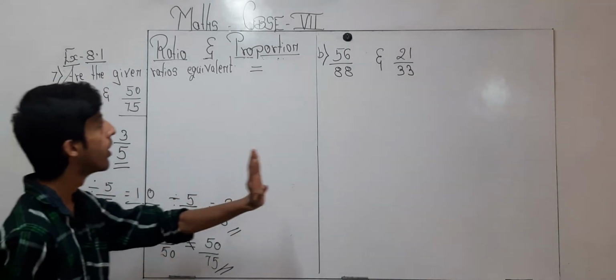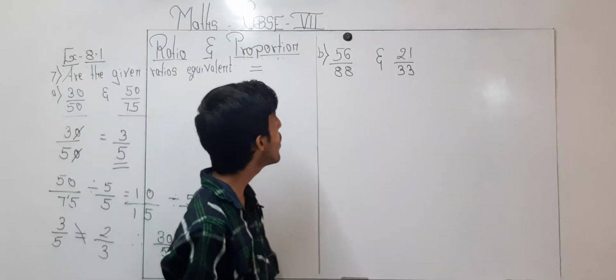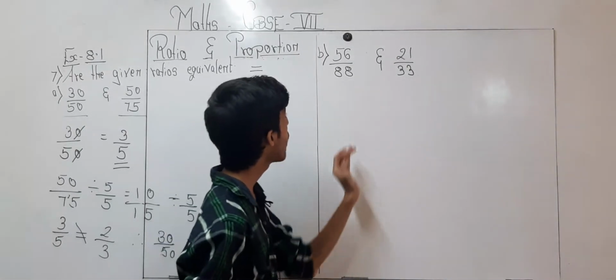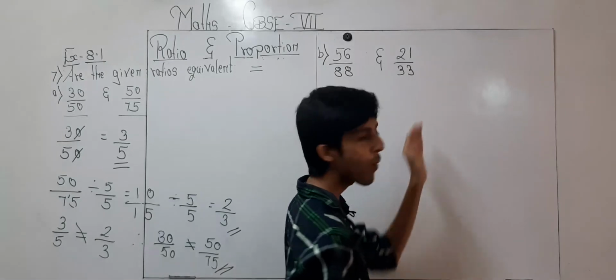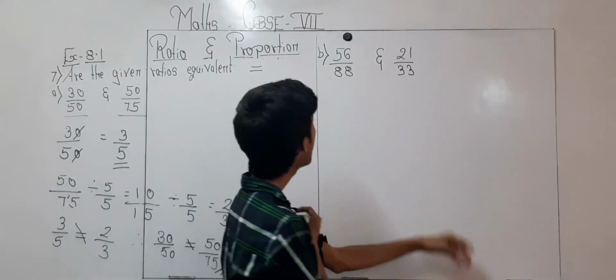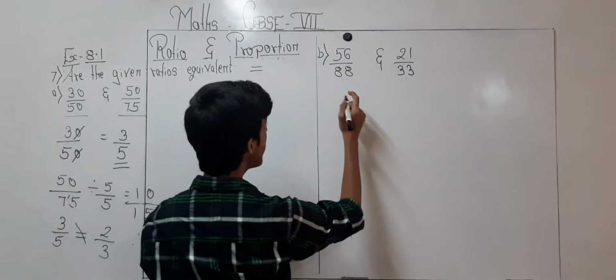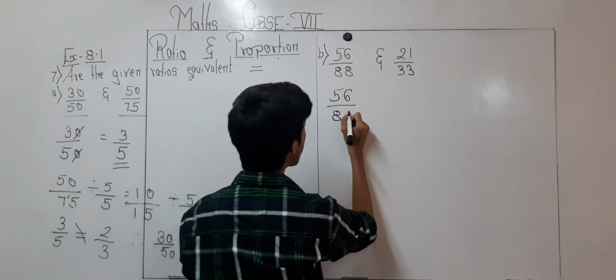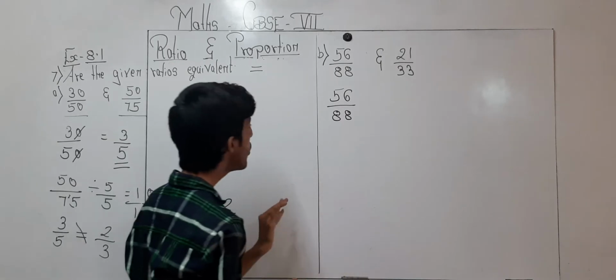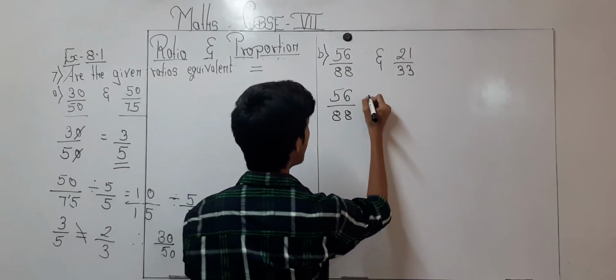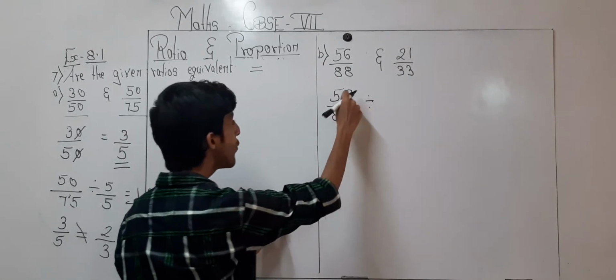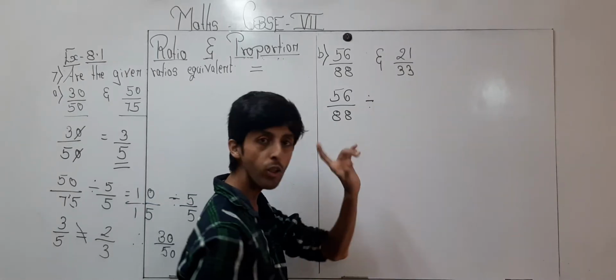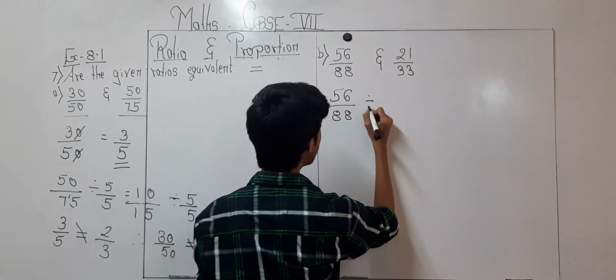Okay. Now moving on to our question number B. 56 upon 88, 21 upon 33. Now over here 56 upon 88. Now what will we do? Compare it. So what will I do? Divide by. Now 56 and 88 both are coming in the table of 8 itself.